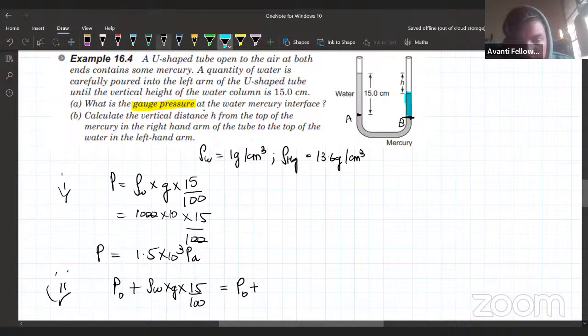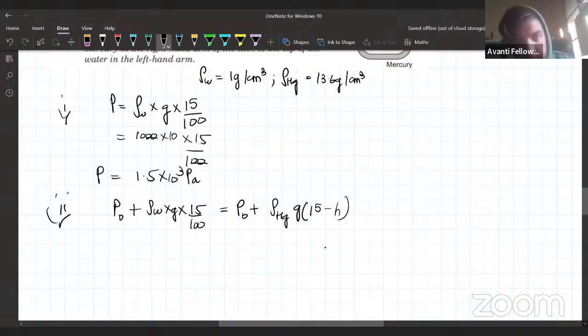Rho of water is 1000 into g is 10 into 15 by 100, which will be equal to rho of Hg, 13.6 into 10 to the power 3 into 10 into 15 minus h. So certain things are going to cancel out. 1000 and this 1000 will get cancelled out. g and g will get cancelled out.